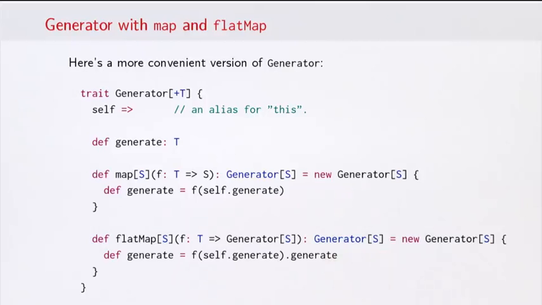Its generate method is implemented as you see here. So what we would do is first generate a random value of type T using self.generate as before. Apply the function f to it. So that now gives us a complete generator on the new domain S. And to pick a random value in that domain, we invoke generate here again.